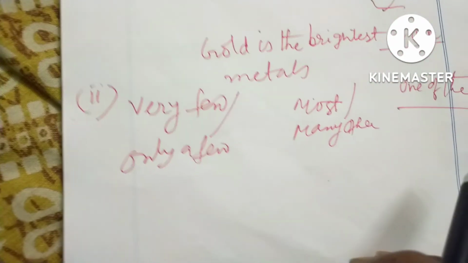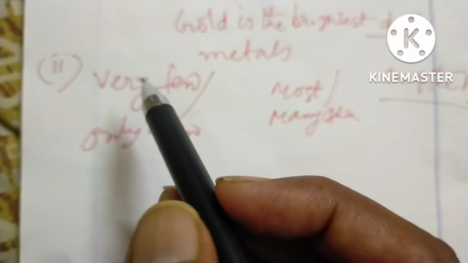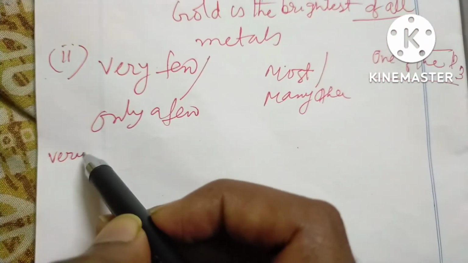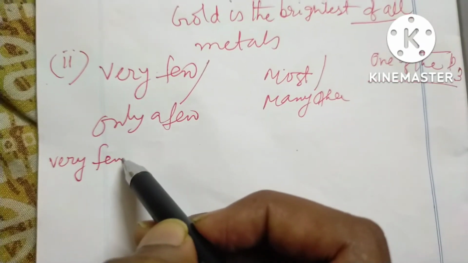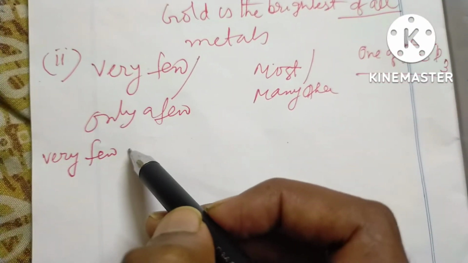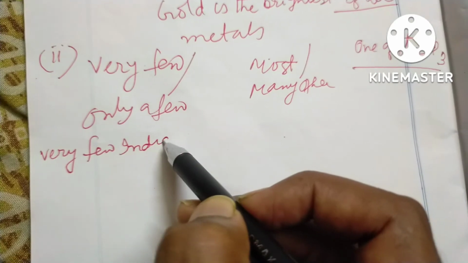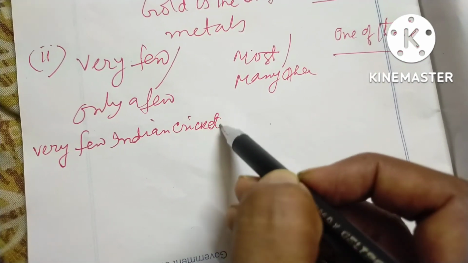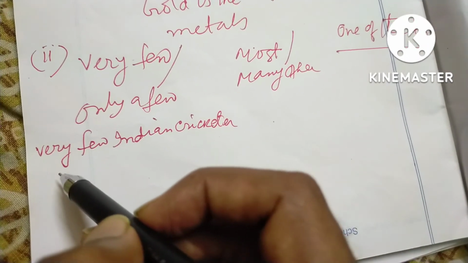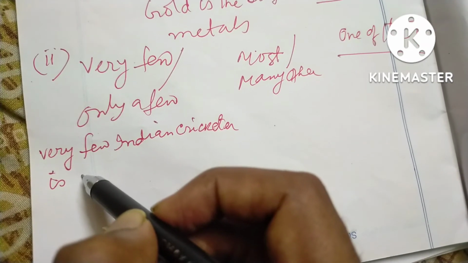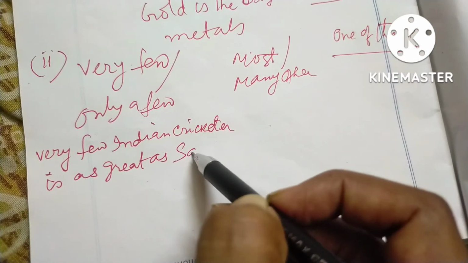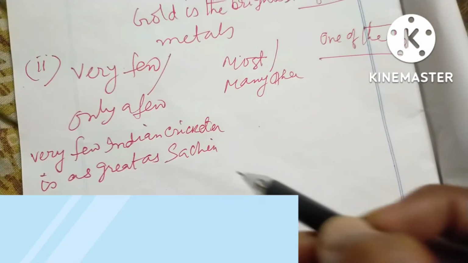So let's take the final example. Let's start: Very few Indian cricketers are as great as Sachin Tendulkar.